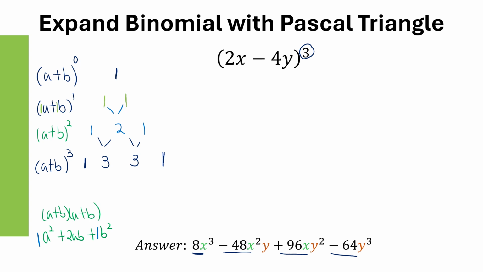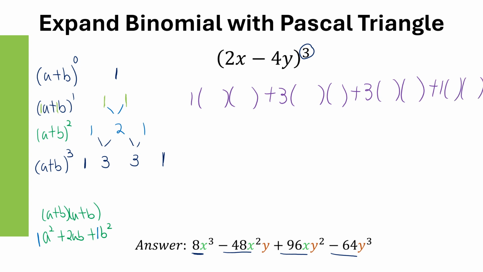So when we write this, our answer is going to be 1 times the first term and the second term, which is a and b, plus 3 times the first term and the second term, plus 3 times the first term and the second term again, and the last one plus 1 times the first term and the second term.